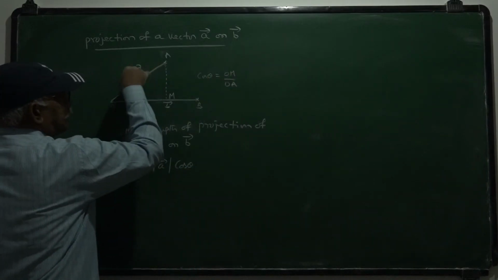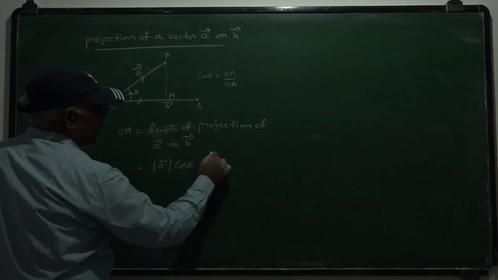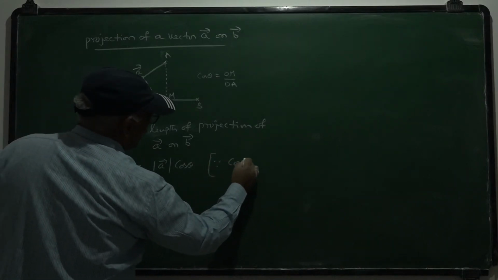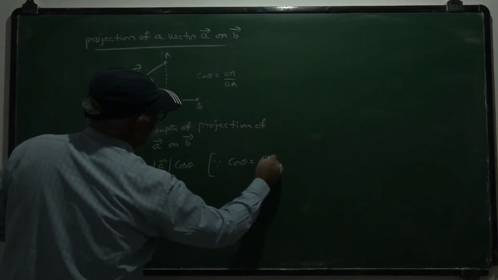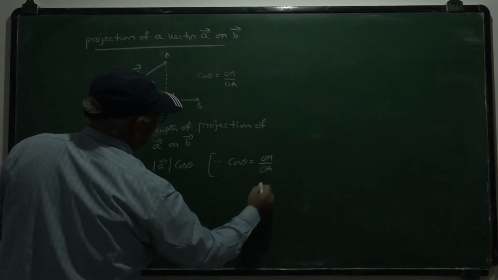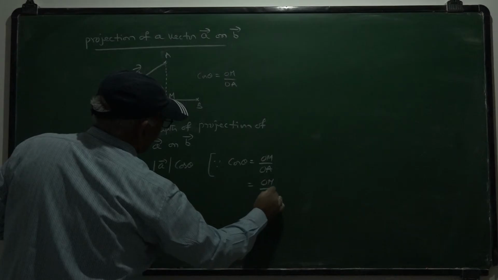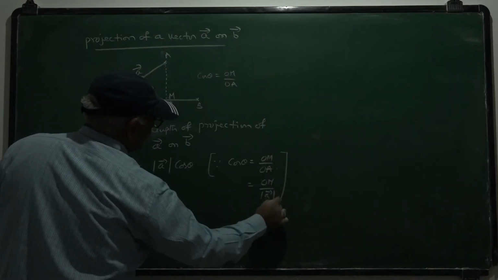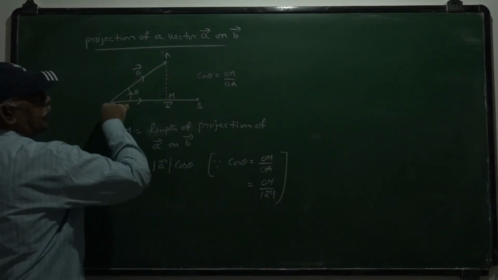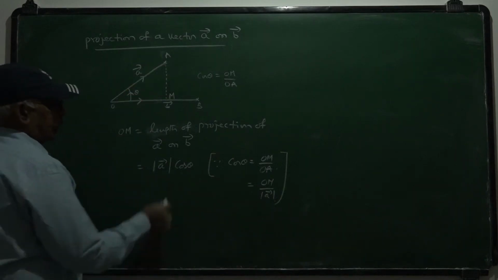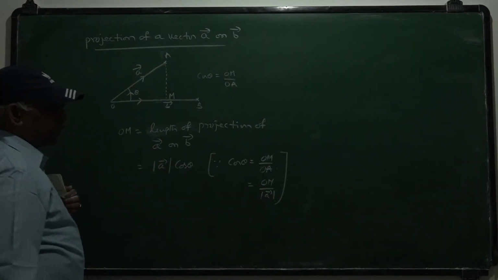OA is nothing but modulus of A bar, the length of the vector A bar. Hence OM is modulus of A bar cos theta.